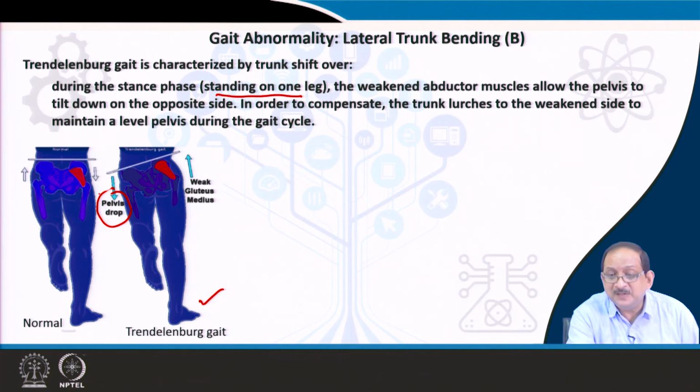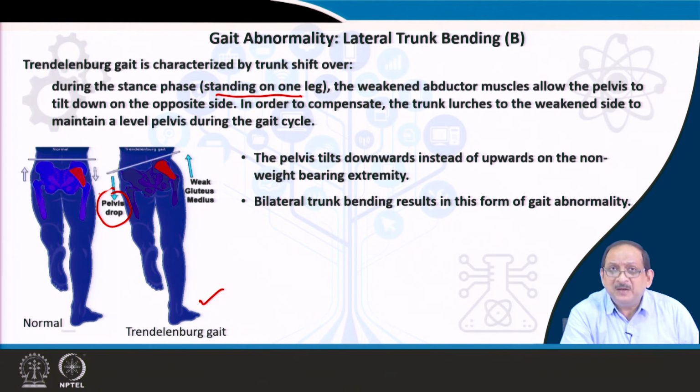In order to compensate, the trunk rotates to the weakened side to maintain a level pelvis during the gait cycle. The trunk lurches to the weakened side to maintain a level pelvis during the gait cycle.